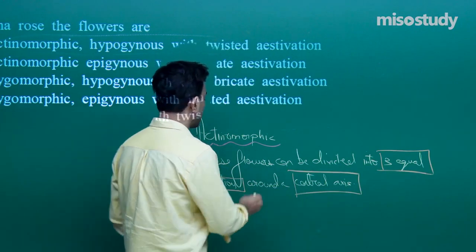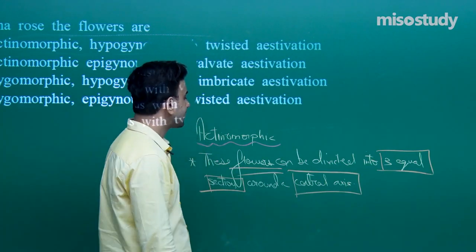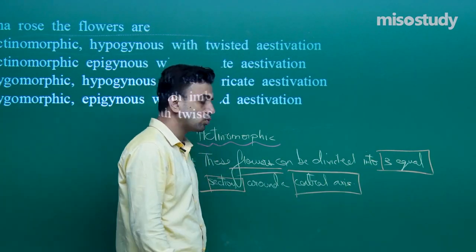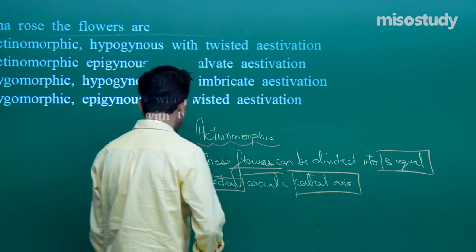Right. So these flowers can be divided into 3 equal sections around a central axis, and what else will we see?